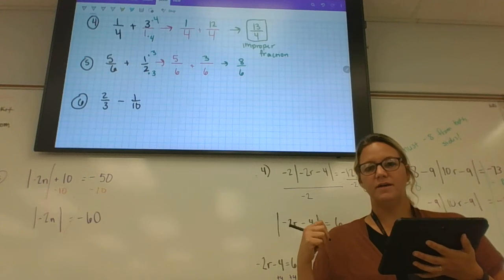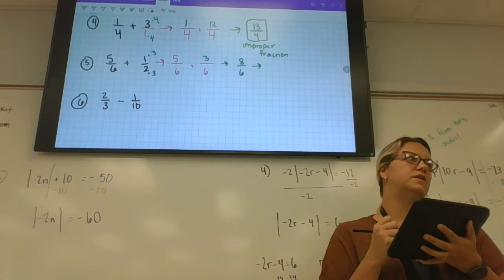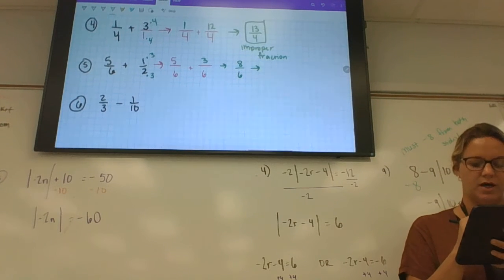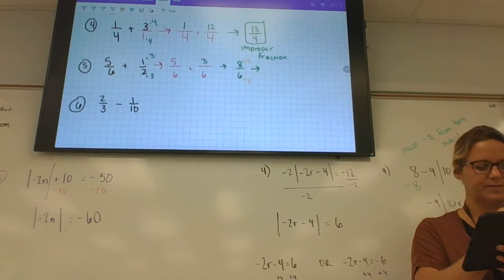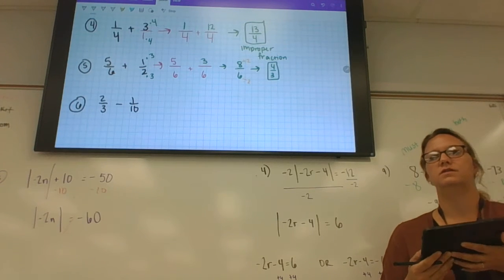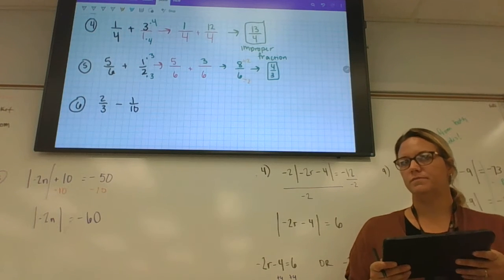Is that full credit? We need to reduce it. If it can be reduced, you need to reduce. So the top and bottom both divide by 2, and so the equivalent would be 4/3, and that's full credit. Still an improper fraction, but in its simplest form.